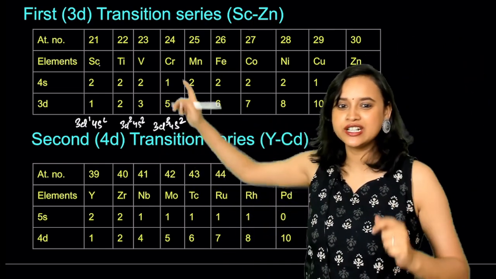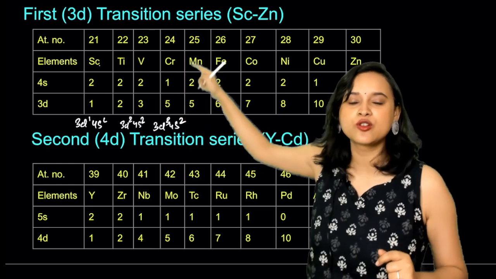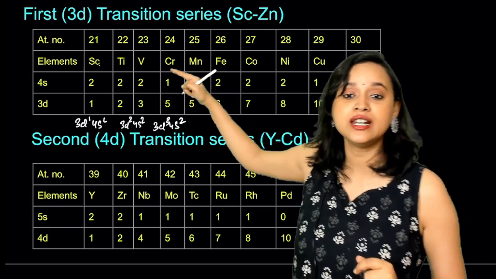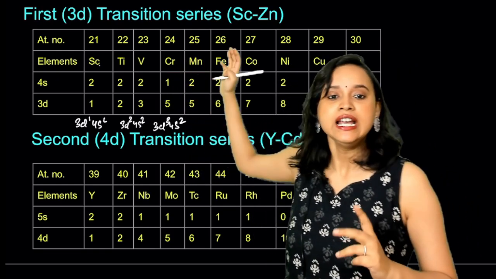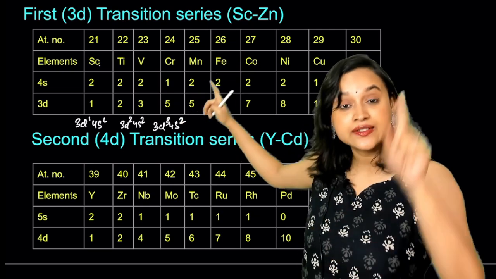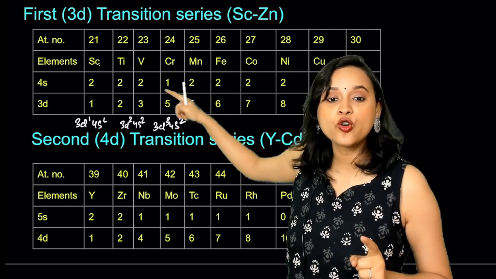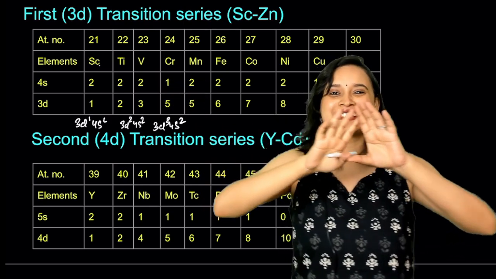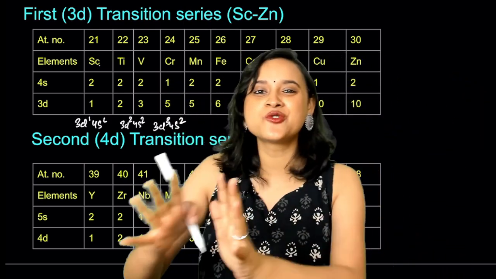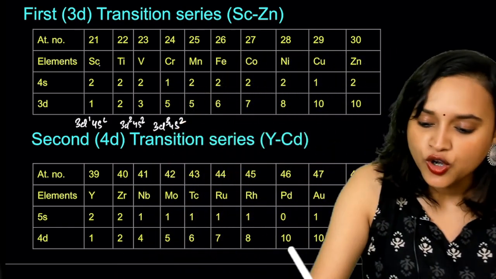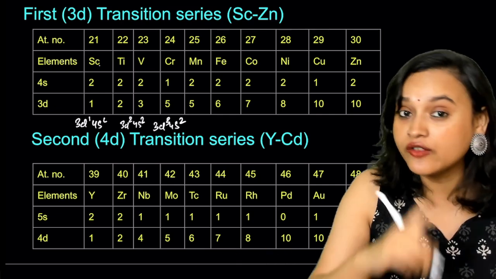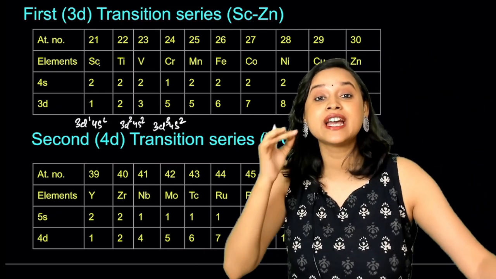However, point to be noted, everybody: chromium has a slightly exceptional electronic configuration. It has 3d5, that means half filled, and 4s also has one electron. So both 3d and 4s are half filled. What is the electronic configuration of chromium that you have to remember?